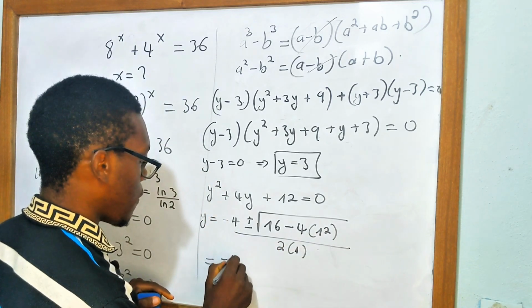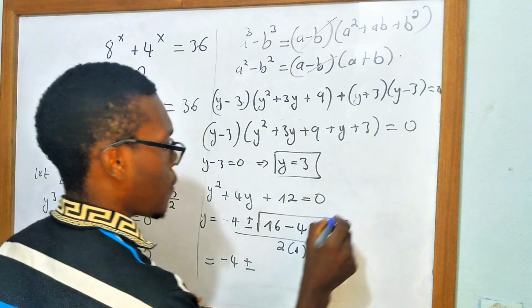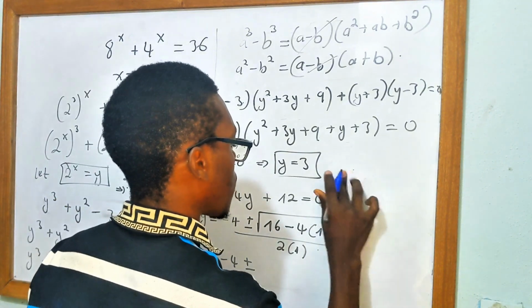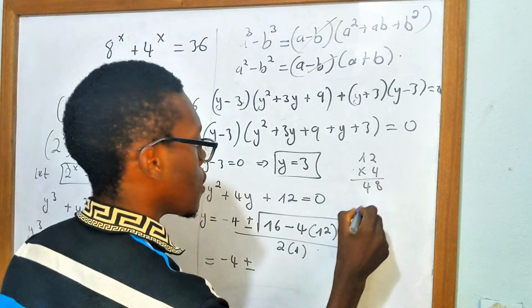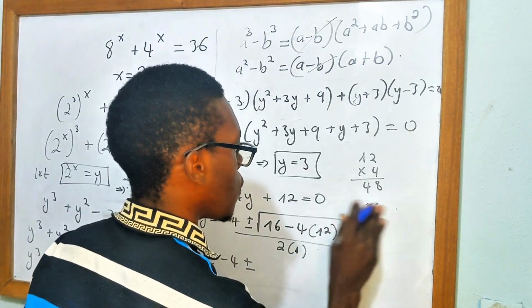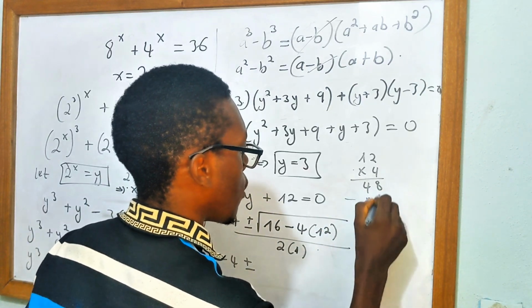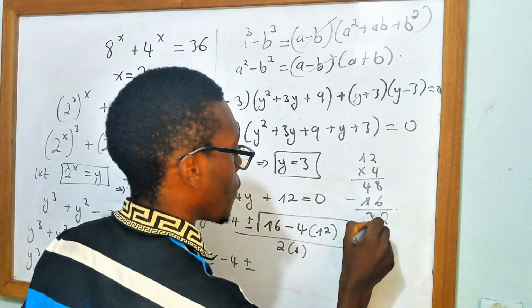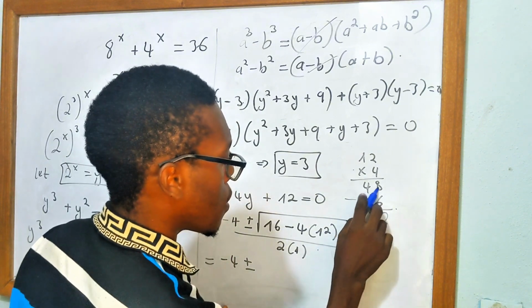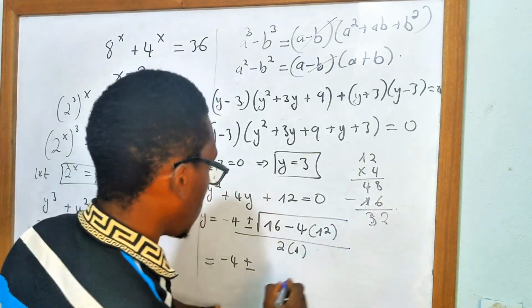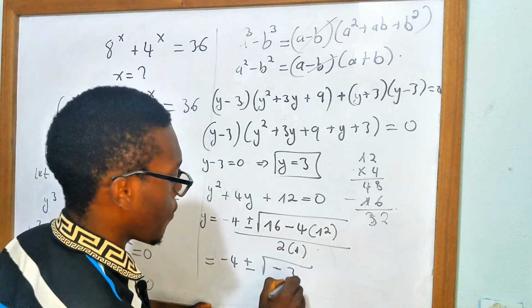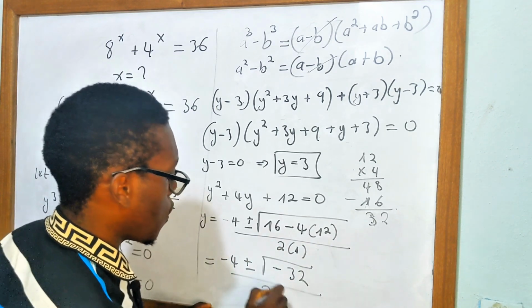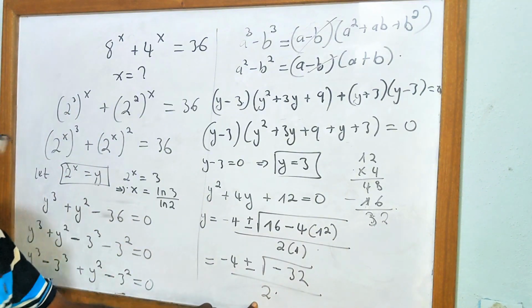That will be negative 4 plus or minus the square root of 16 minus 4 times 12, that is 48, which gives negative 32, all over 2.